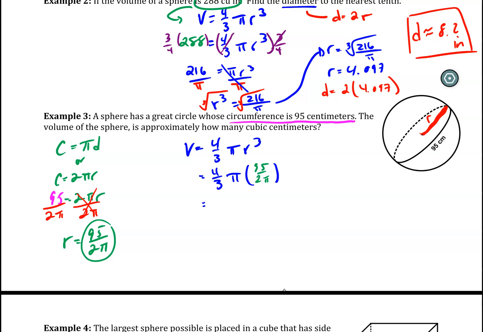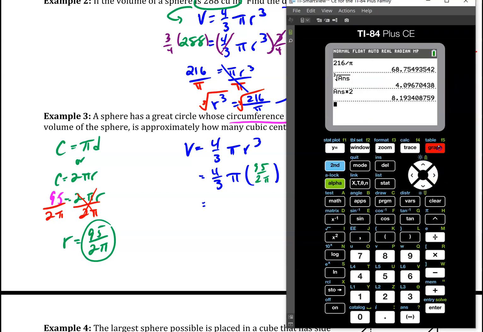So let's clear this out. We've got 95 divided by, if I'm doing it this way, I have to put the 2 pi in parentheses. Otherwise it will be an error, or you could do it as a fraction bar, which is probably a little bit safer. All right, so that's my radius there.